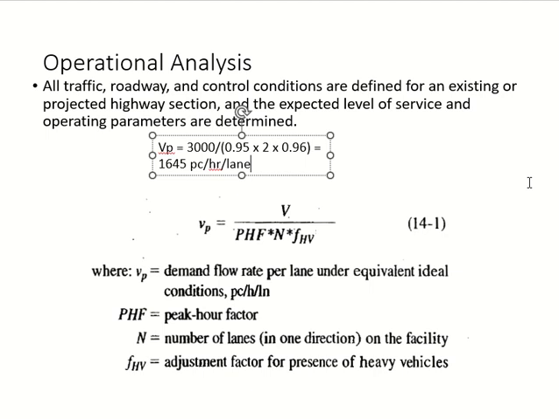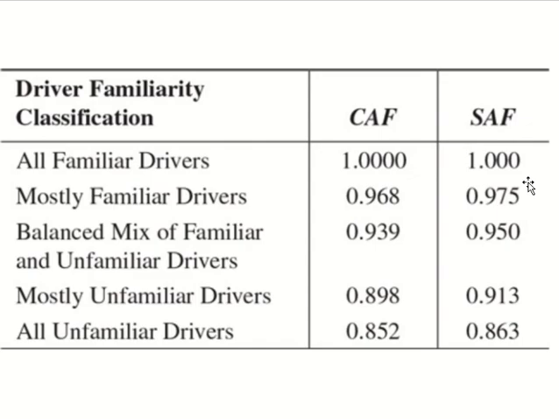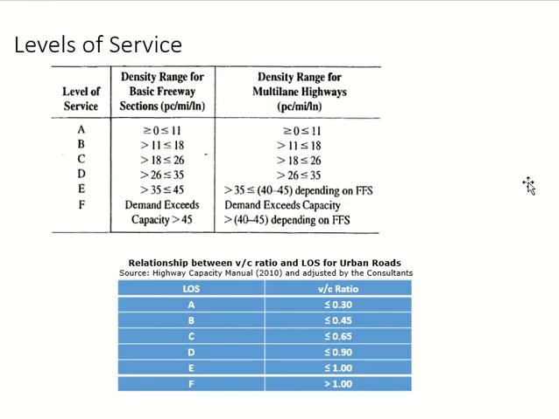Level of service, right? Okay, so level of service can be found from here. If I need level of service, I should put what? Density. Density is flow rate upon speed.